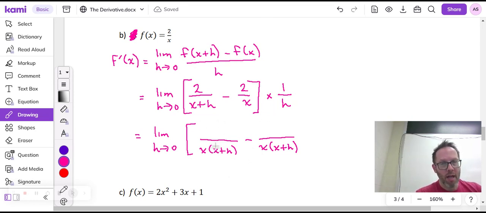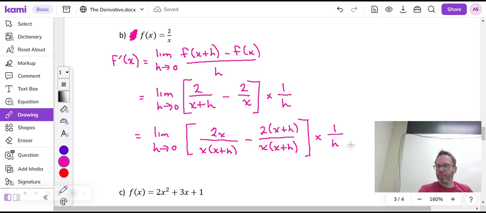We took the first one and we multiplied the bottom by x, so we multiplied the top by x. And we took the second one and we multiplied the bottom by x plus h, so we need to multiply the top by x plus h as well. We still have our times 1 over h on the side.